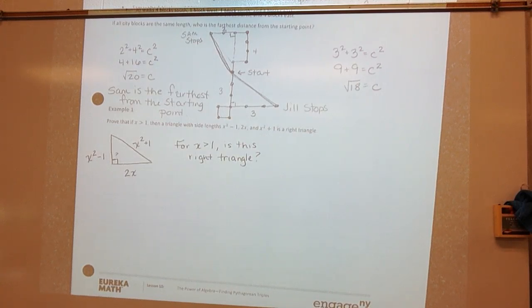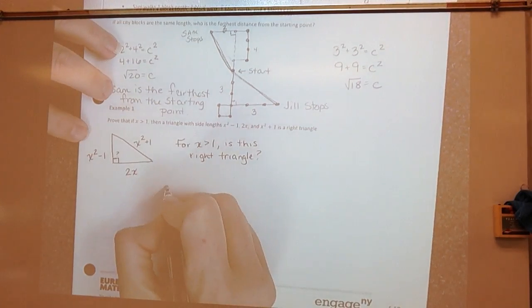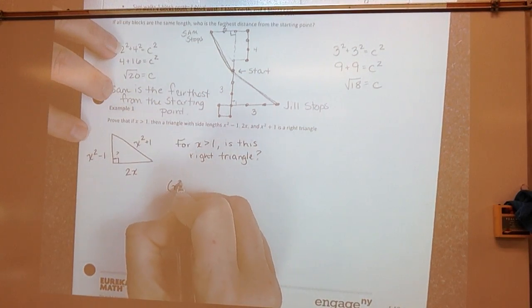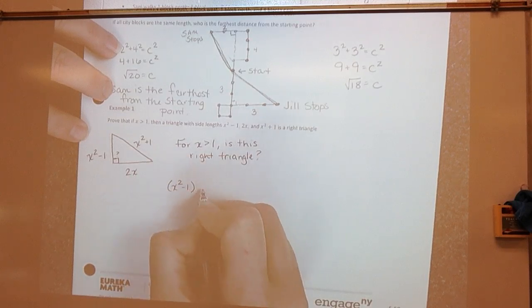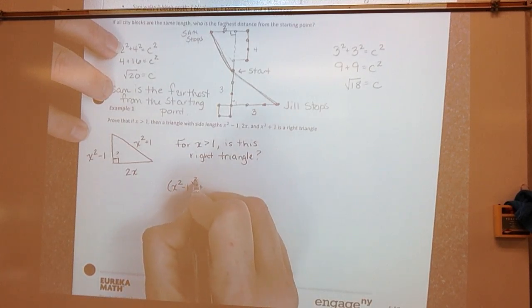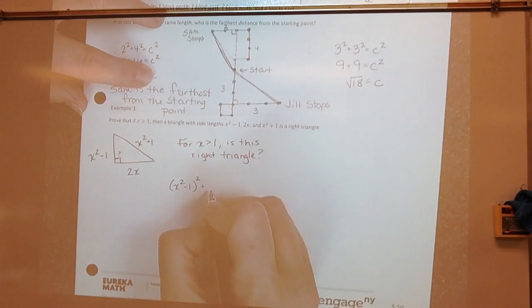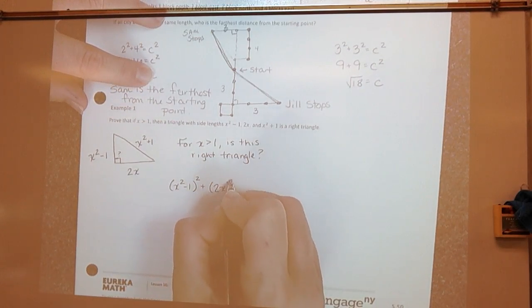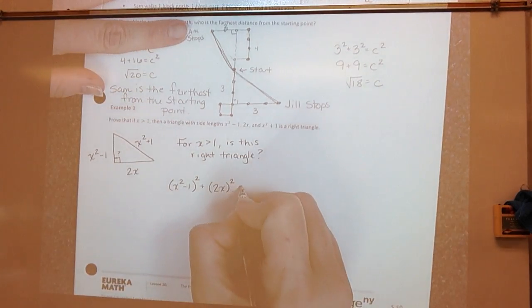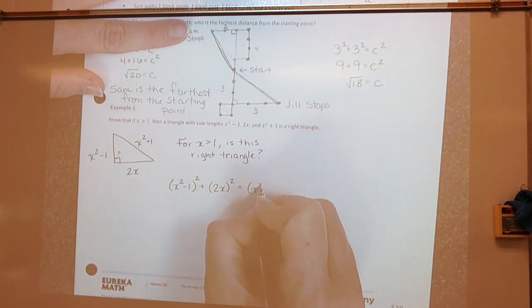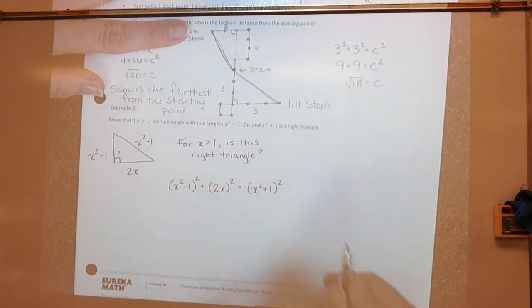Alright, so let's set it up. It's telling me that I should be able to do x squared minus 1, squared, plus 2x squared, and that should be equal to x squared plus 1, squared.